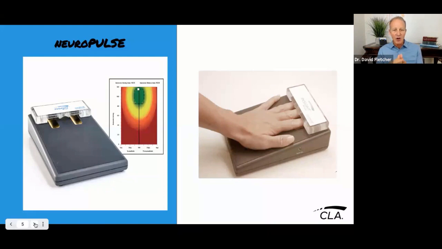But while we are measuring, using the neuropulse, down to the third decimal point of your heart rate, we are also live streaming the temperature of your hand, if you will, of your ability to regulate temperature, but also, and probably more importantly, your state of arousal.